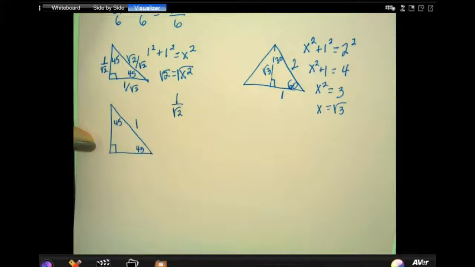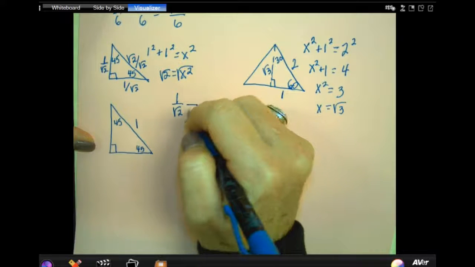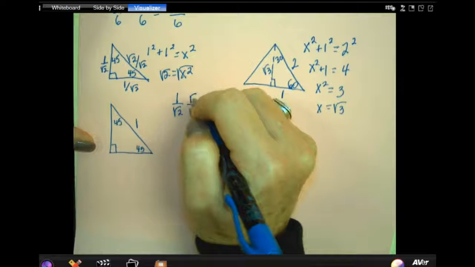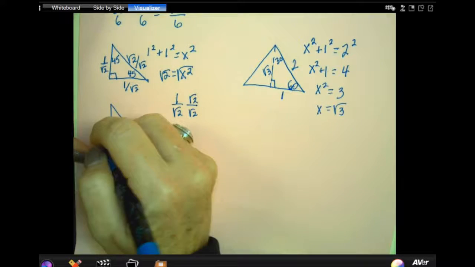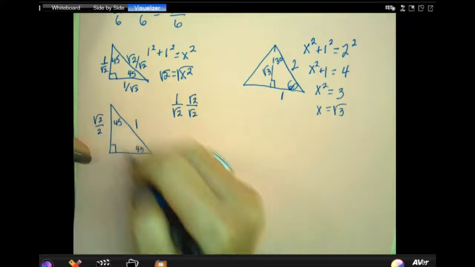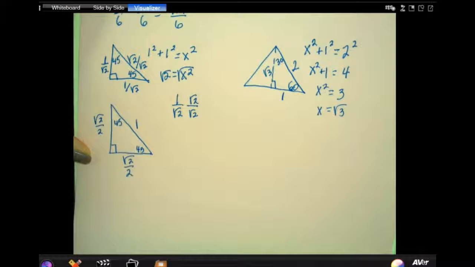And I know I can't have a square root of 2 on bottom, so I'm going to rationalize it, which means I have to multiply the bottom by the square root of 2 and the top. And when I do that, I get new sides of the square root of 2 over 2 and the square root of 2 over 2. And now I have sides that are all going to work on my cute little brand new unit circle, which I'm so excited about.